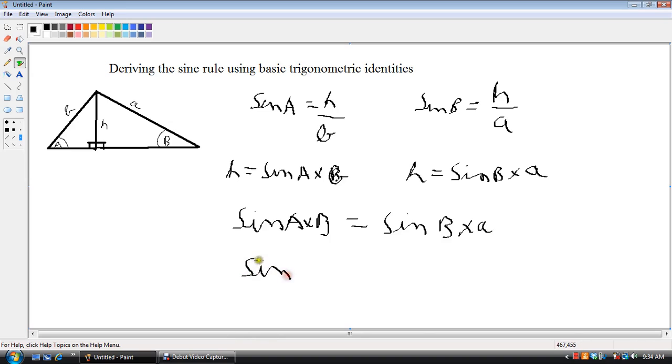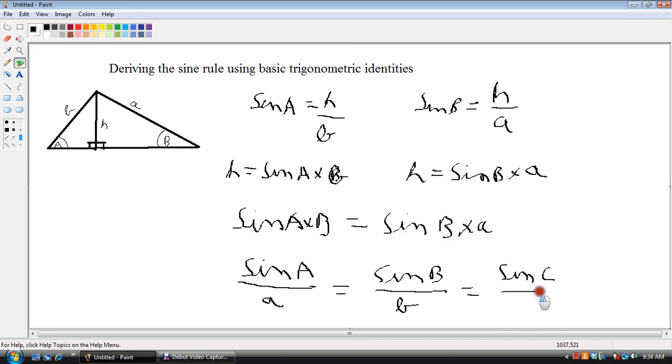So we end up by having the sine of the angle a over the side a is equal to the sine of the angle b over the side b. And a similar construction can be done for the sine of c over the side c.